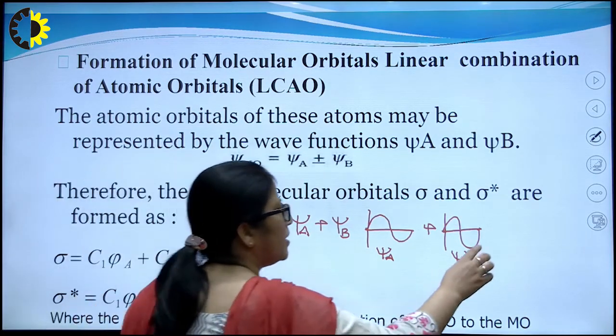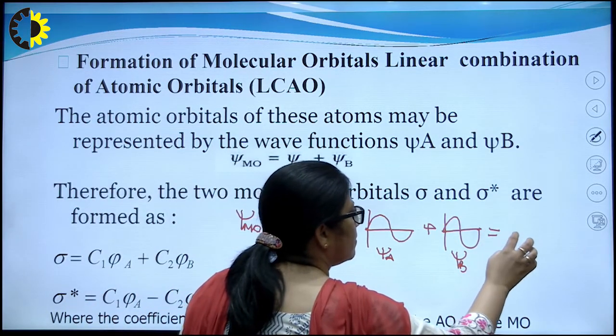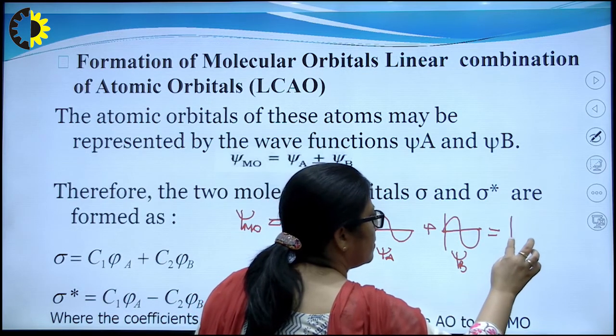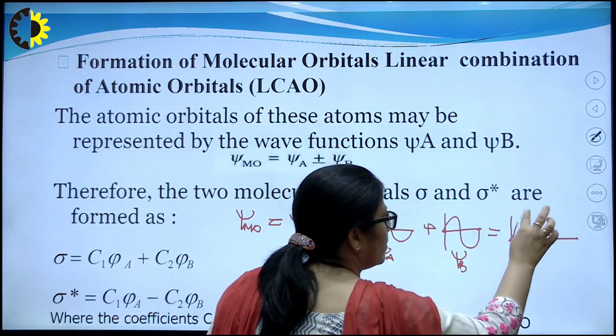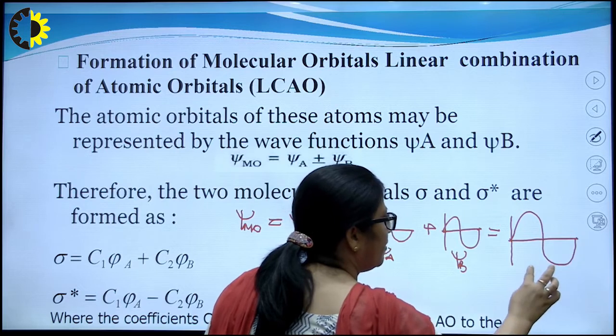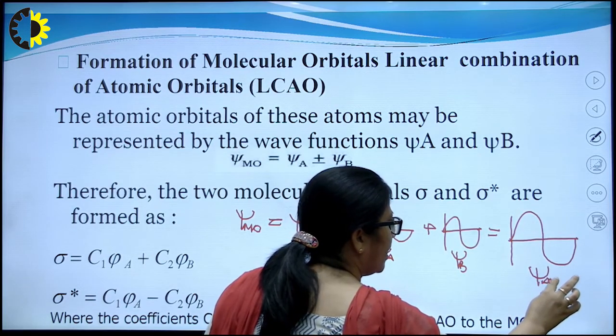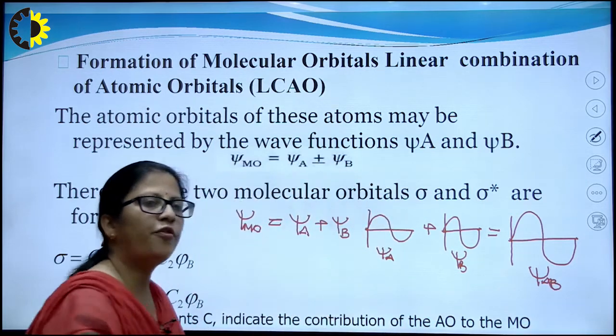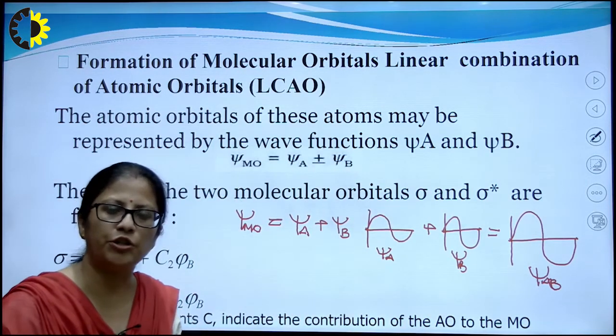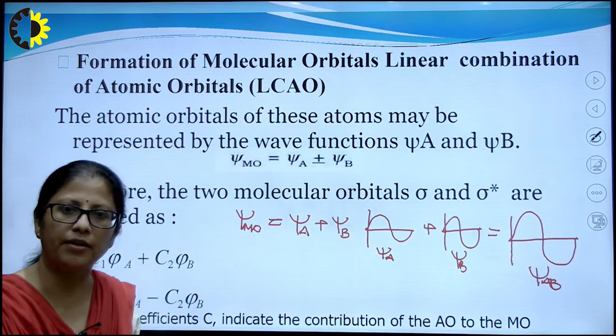As a result, this will be the wave function of psi AB, which is formed by the additive combination or constructive interference.